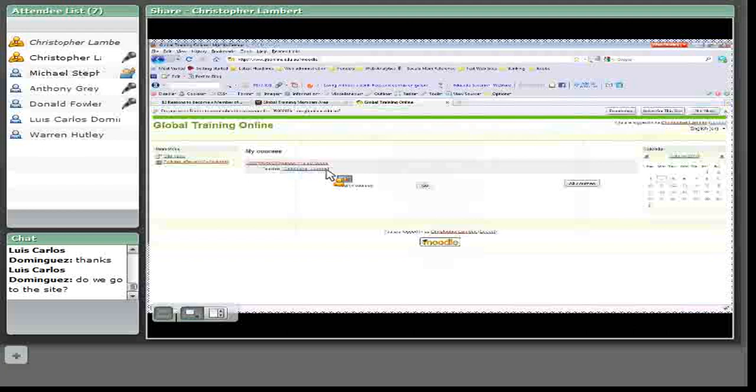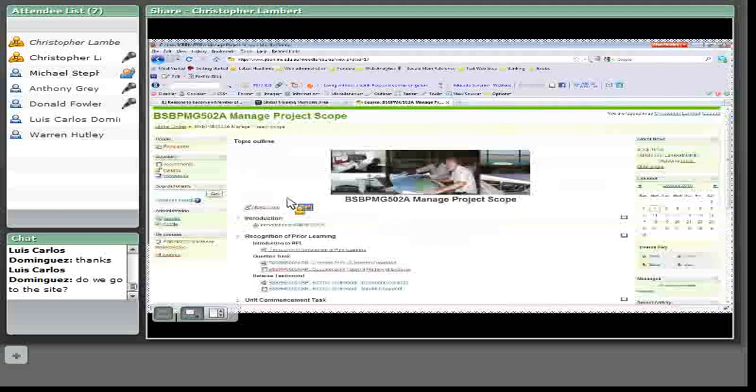Each one of the unit areas you will see as a course. Click on it. And we see a number of areas that we can look at.